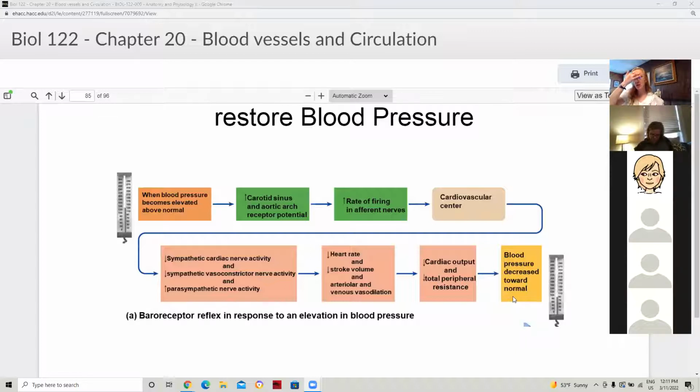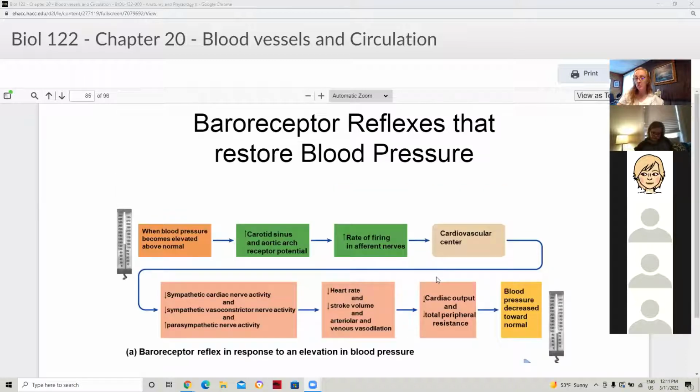Are there questions about that? This is the way that baroreceptor reflexes restore blood pressure.